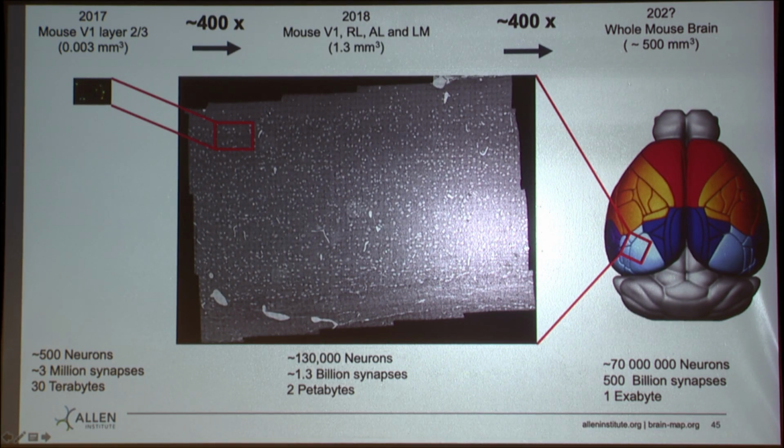I'll tell you at lunch. We, being the community, are talking about doing the whole mouse brain. And the NIH has come out in its most recent BRAIN 2.0 position paper saying this is a grand challenge that it's time to do, and they're planning to fund it or consider it very seriously, this huge project.